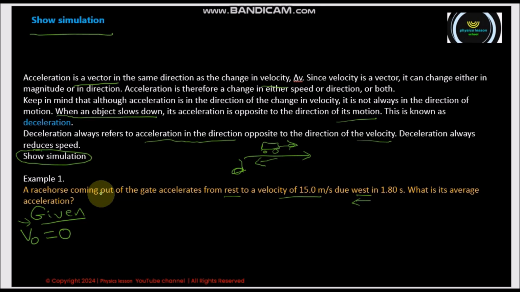And to a velocity means its final velocity is equal to 15 meter per second due west, or we can write v final is equal to negative 15 meter per second.